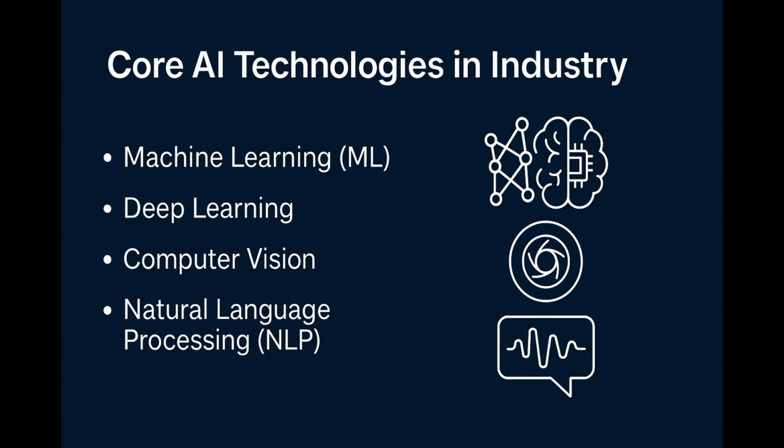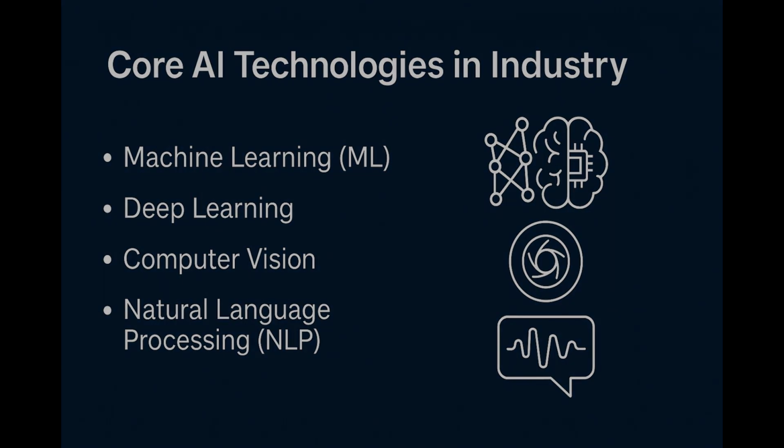And finally, reinforcement learning, a technology that helps AI agents learn optimal behaviors through trial and error, especially useful in robotics and dynamic process environments. These core technologies serve as the digital building blocks of intelligent automation. In the next few slides, we'll break each one down with practical examples from the factory floor.